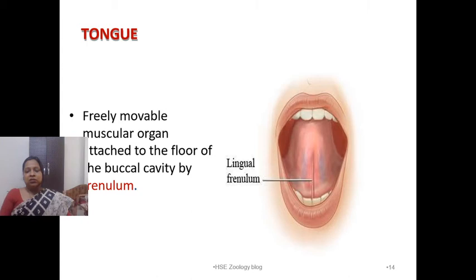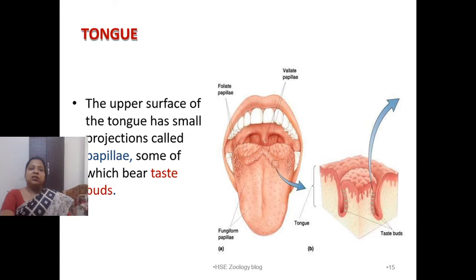Now this you can easily see as you stand in front of the mirror, right? Tongue has some raised structure, some projections.